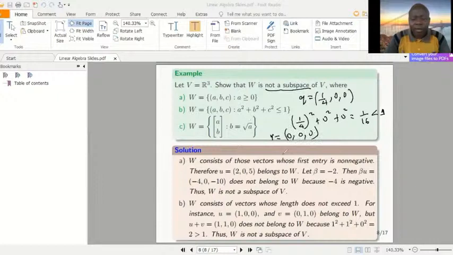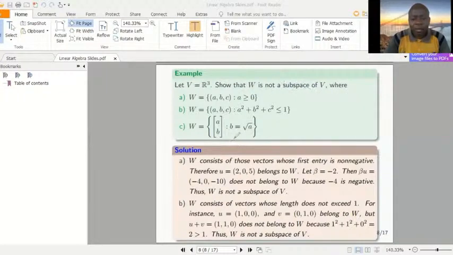Is it in W? 0 square plus 0 square plus 0 square is 0, which is less than or equal to 1. So this R is also in W. In other words, W contains the 0 vector.